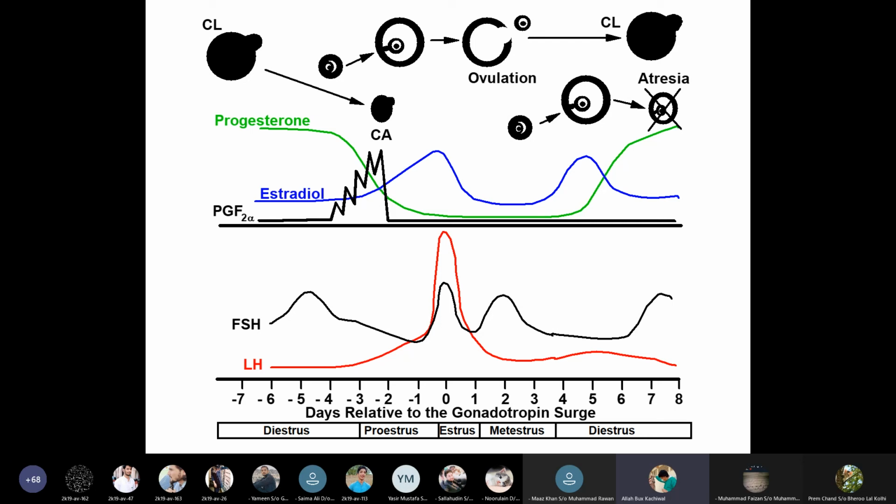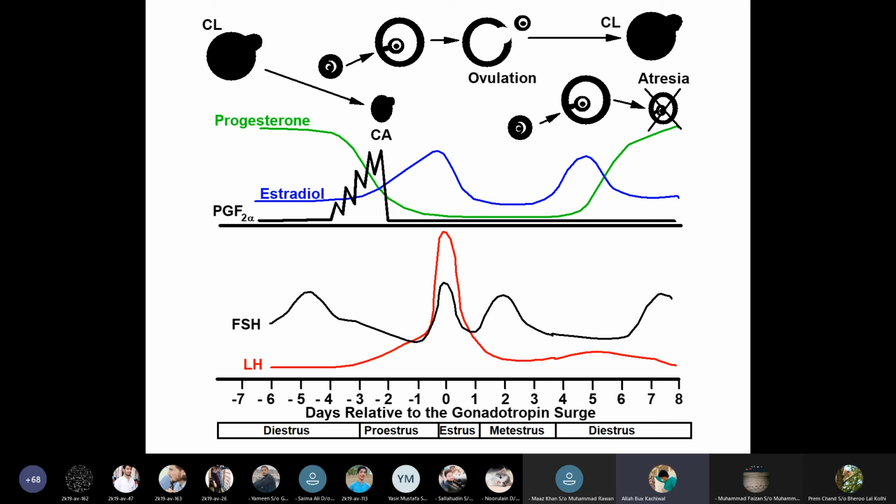In the diestrus, the progesterone level is higher, the estradiol is at a lower concentration, and the prostaglandin is at a zero level. The corpus luteum is well developed, producing the progesterone and maintaining it.